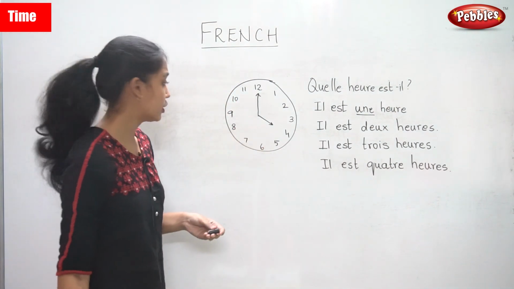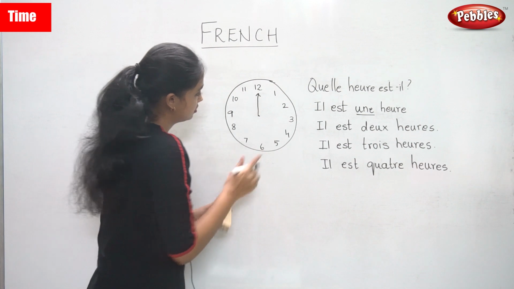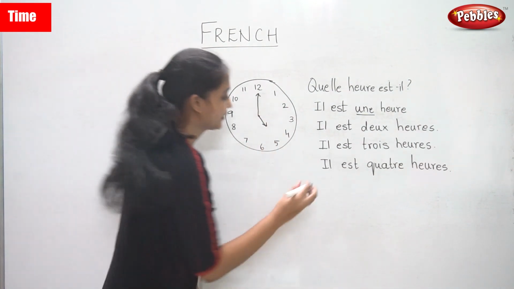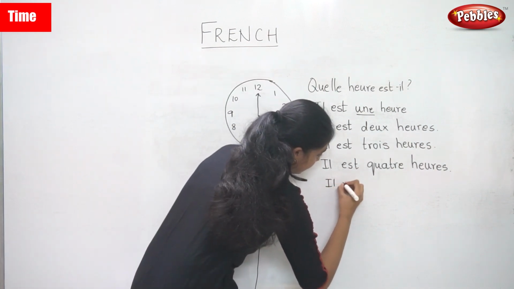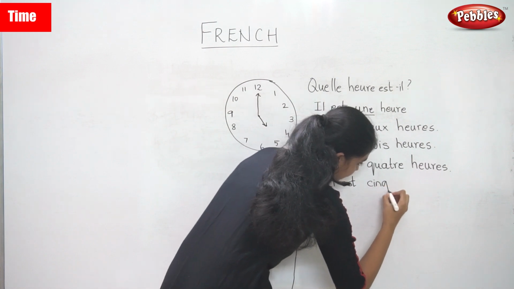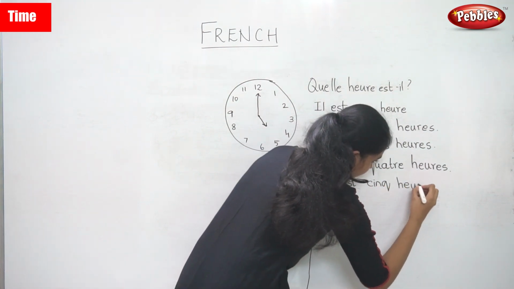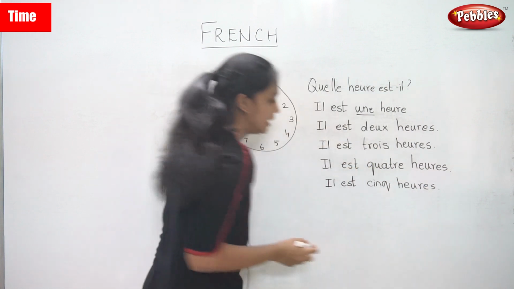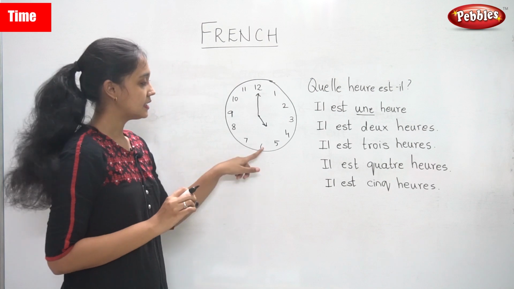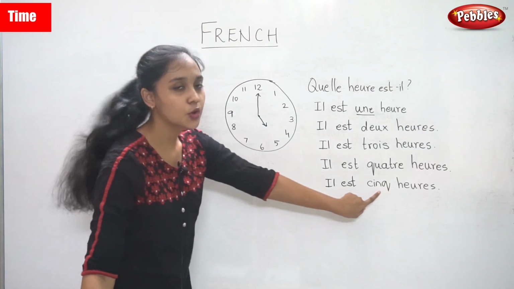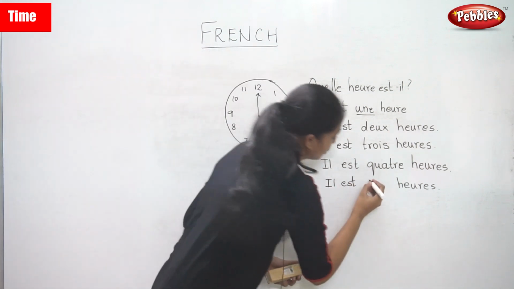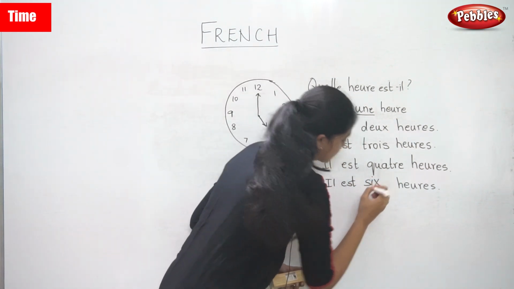What about 5 o'clock? We'd say il est 5 heures. Now 6 o'clock. So you only have to replace the number with 6.